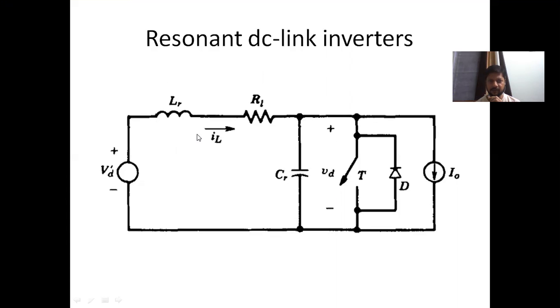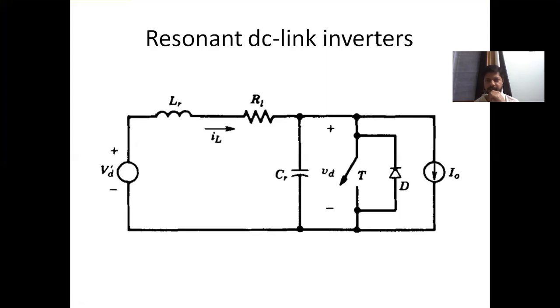RL represents the losses in the resonant circuit, which we can discard for now. Once again, we are studying only the basics here, so no need to go into the details. So a resonant circuit has been introduced between the supply and the load so as to obtain zero voltage switching.